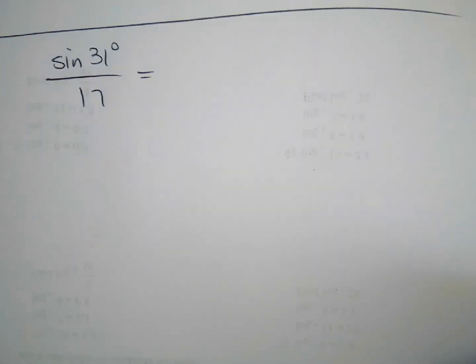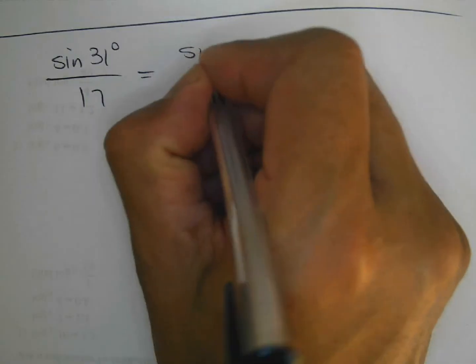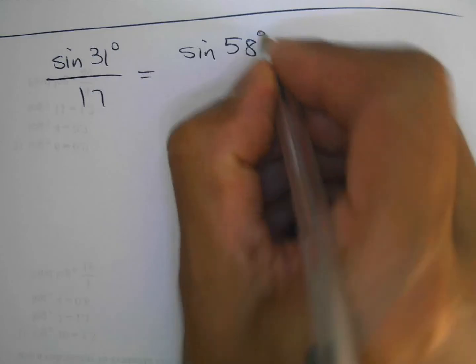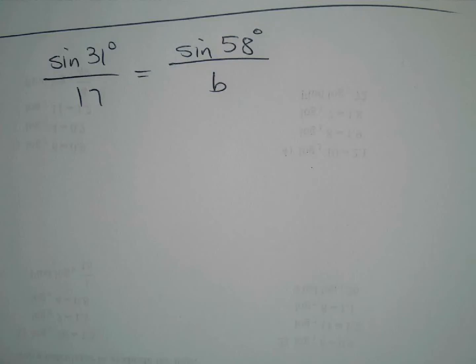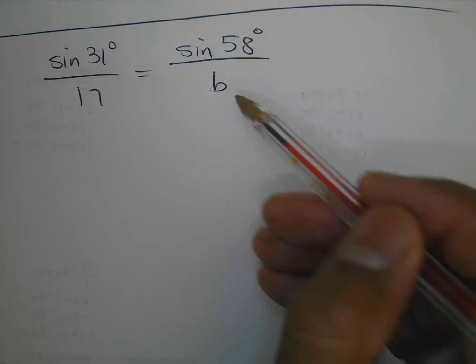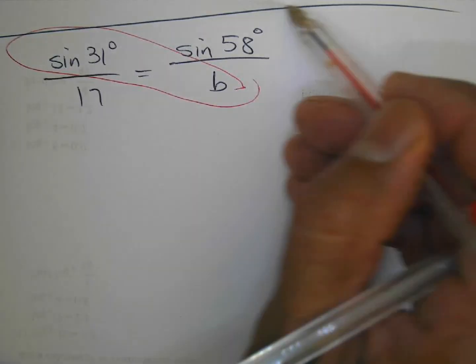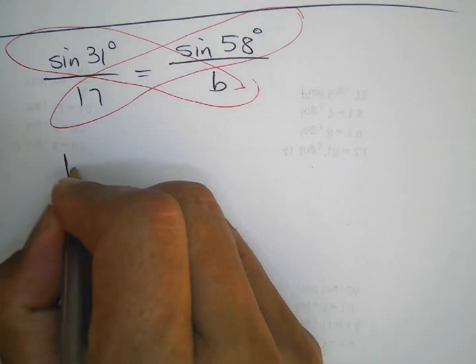That was to find side A. Side B was sine of 31 over 17 is equal to sine of 58 over B. We cross multiply to solve a proportion.